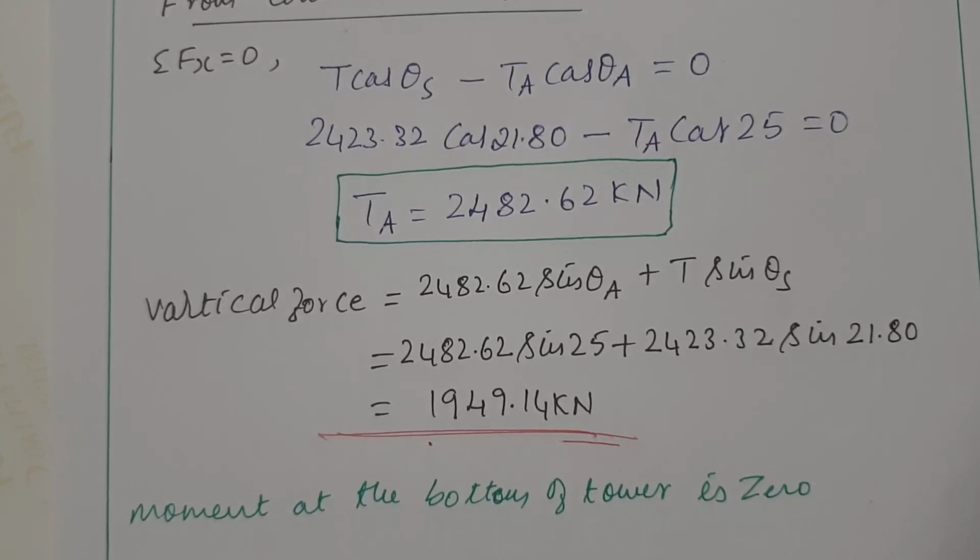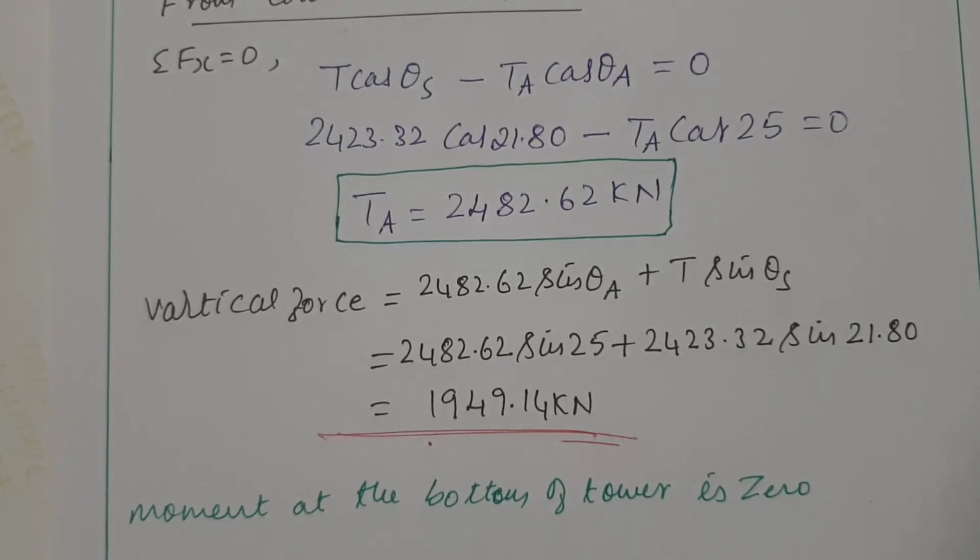In addition, if they ask you to find the forces in the tower by giving the height of the tower and inclination of the anchor cable, and what kind of support is given for the cable: if it is a pulley support, or a smooth or frictionless pulley, then the procedure is what we followed for the first case.